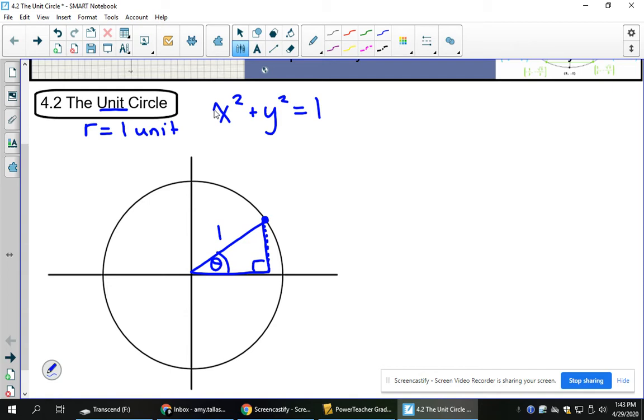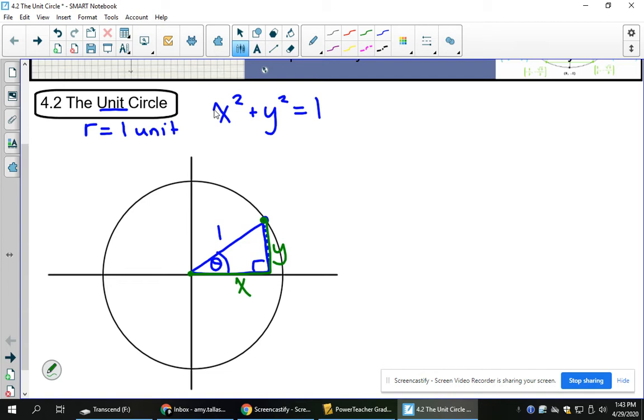If I started at the center, at the origin, and I tried to plot this point, I would go over x units, and then I would go up y units. That's how we plot points in math, an x coordinate and a y coordinate, and they correspond to a horizontal movement and a vertical movement to get to that ordered pair.